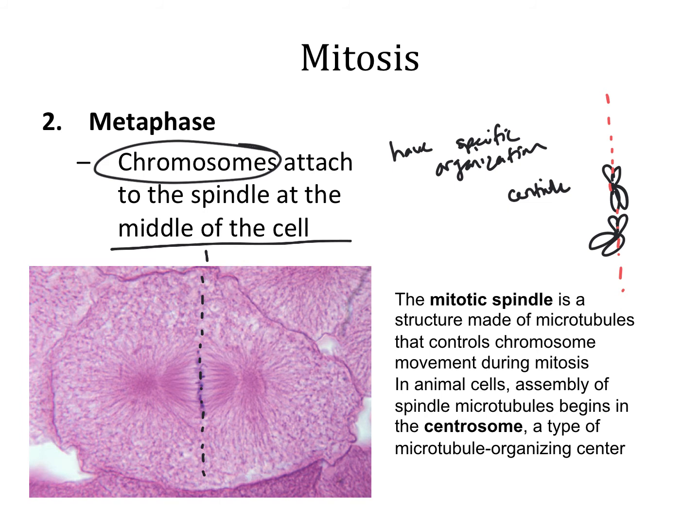The spindle fibers are here. This is the microtubule organizing center, the centriole. And the spindle fibers project towards the center of the cell. You also have something called astral fibers, which project away. Those are not necessary for separation of the chromosomes.